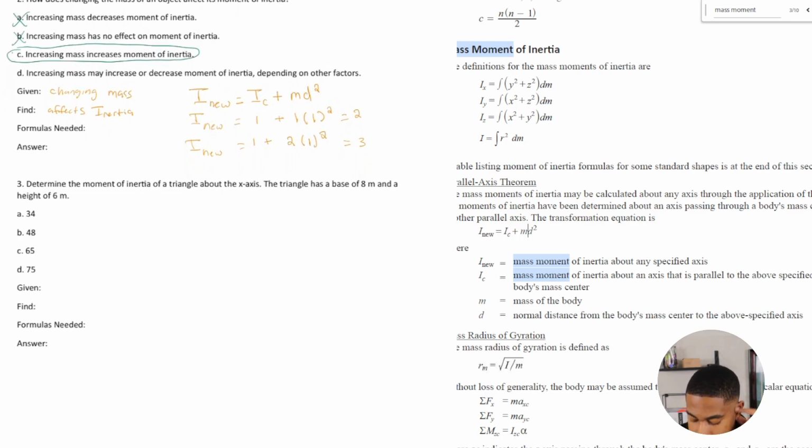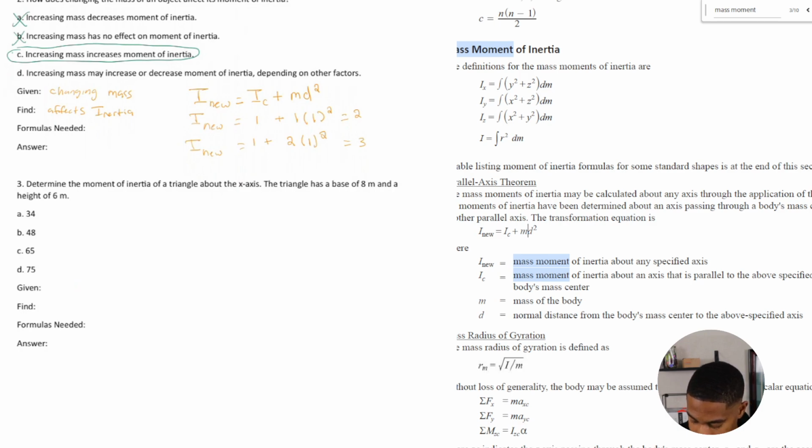This one says determine the moment of inertia of a triangle about the x-axis. The triangle has a base of 8 and a height of 6. Okay. So we are not given the moment of inertia, I'm sorry.